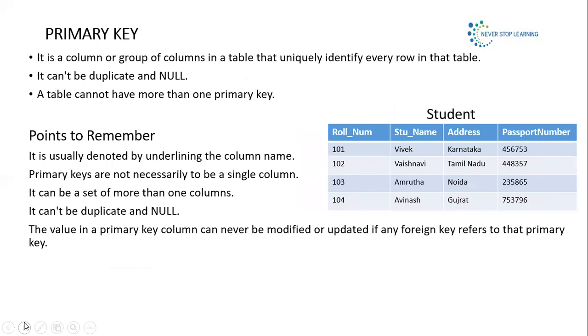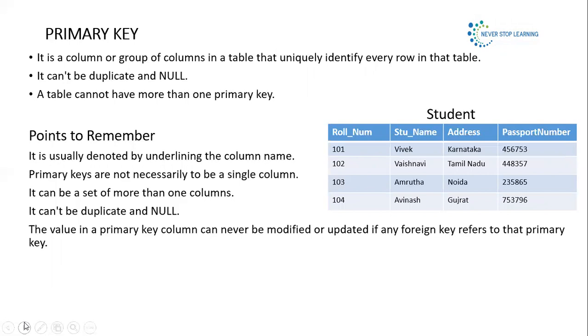Okay, next let's understand primary key. A primary key is a column or group of columns in a table that uniquely identifies every row in that table. It cannot be duplicate or null. So basically, a very important point for primary key is that it cannot be null, and it doesn't allow duplicacy.